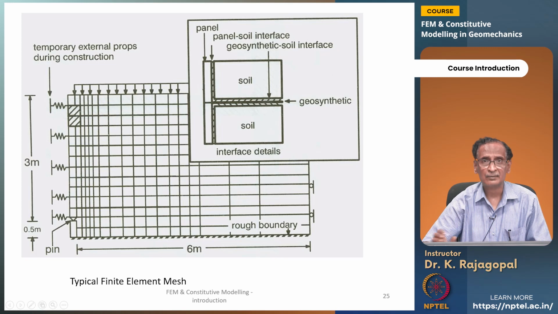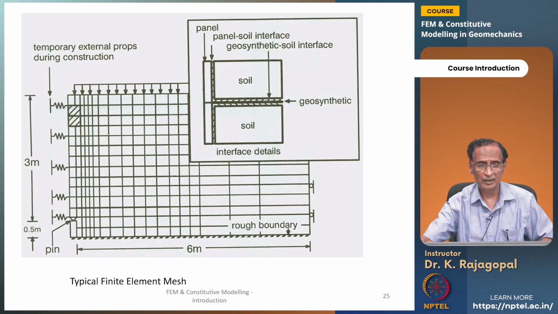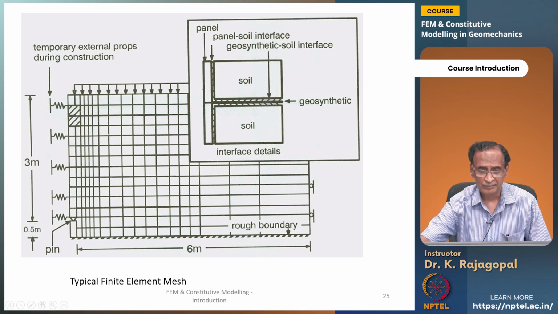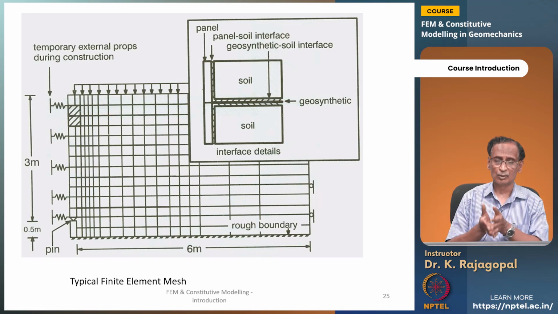The problem that we have here is the facing panels are made of one material. These are hard materials, and then the soil is there, and then we have the geosynthetic reinforcement, and each one has its own stiffness.